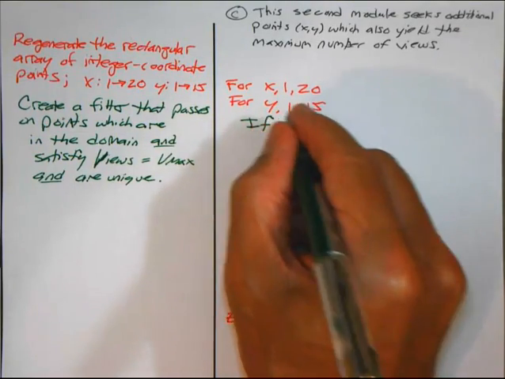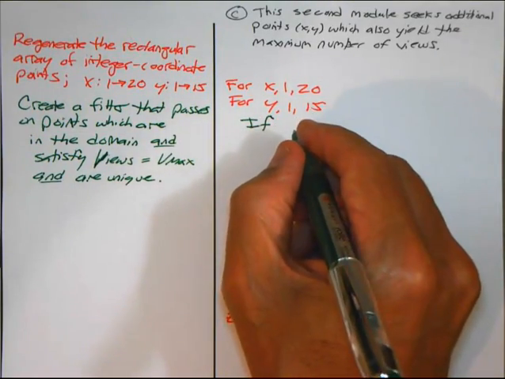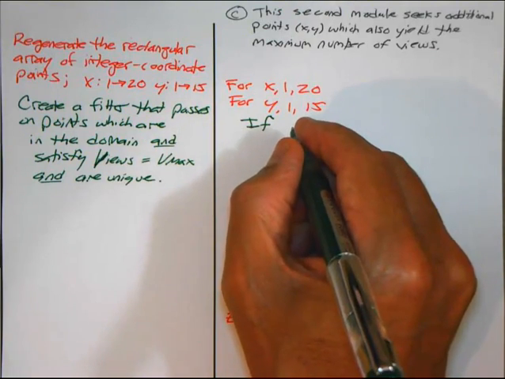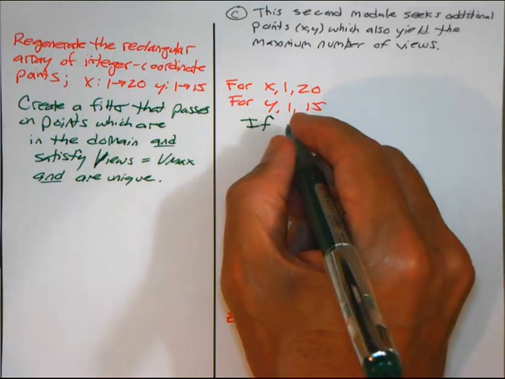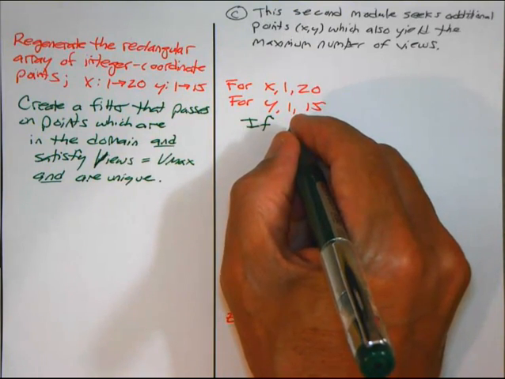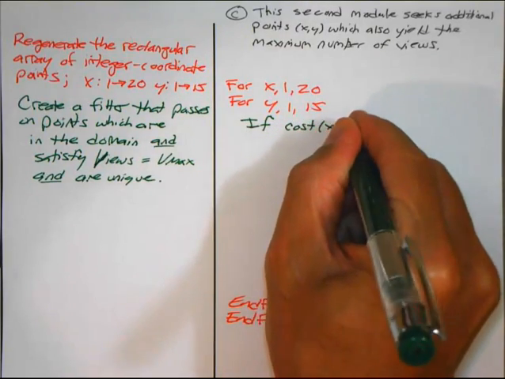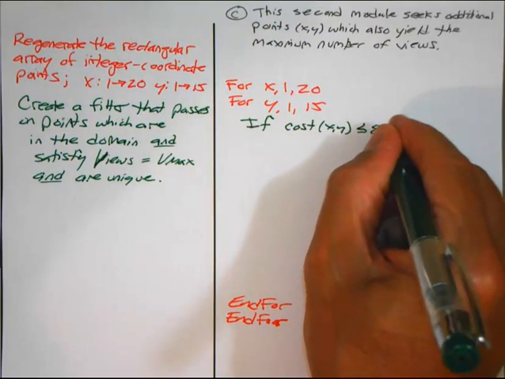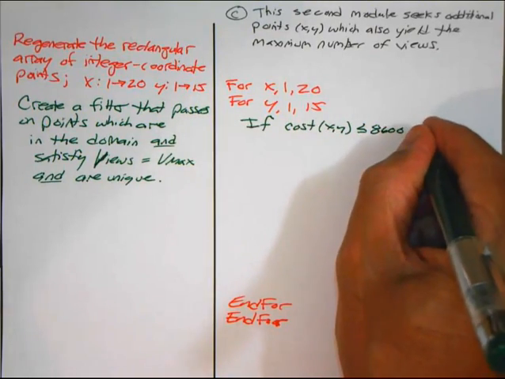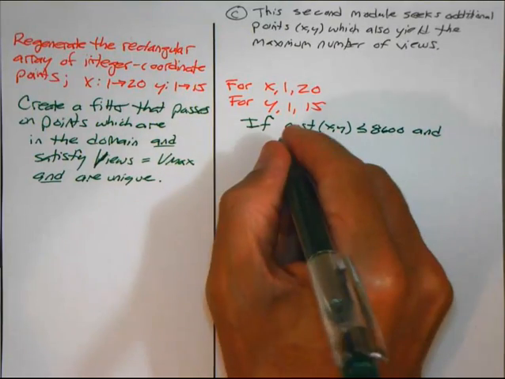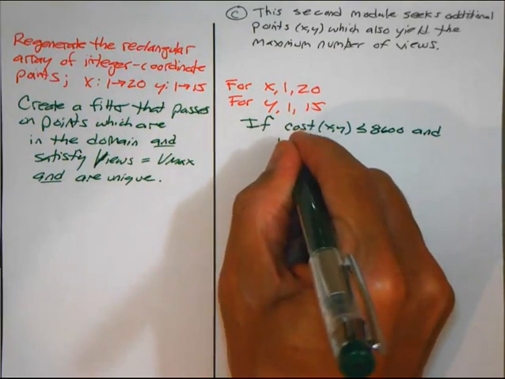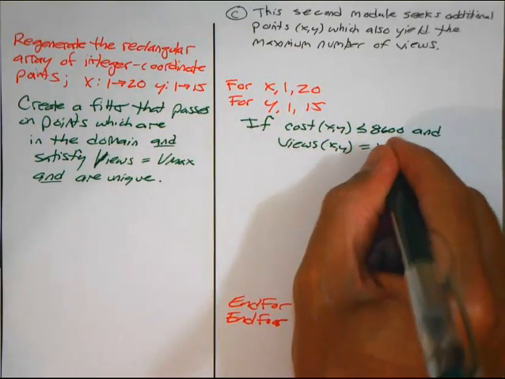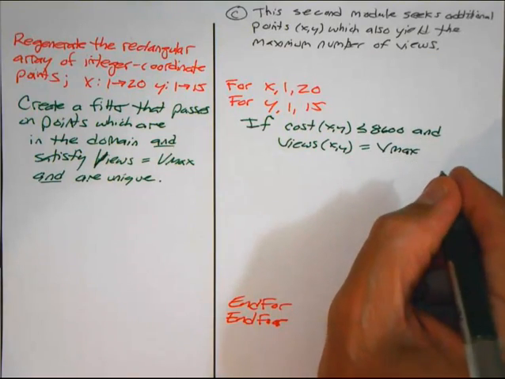Now to get this into the domain, the remaining restriction has to be that constraint which concerned the cost, so we could have here cost of XY less than or equal to 8,600, and we're looking for views of XY equaling the maximum.